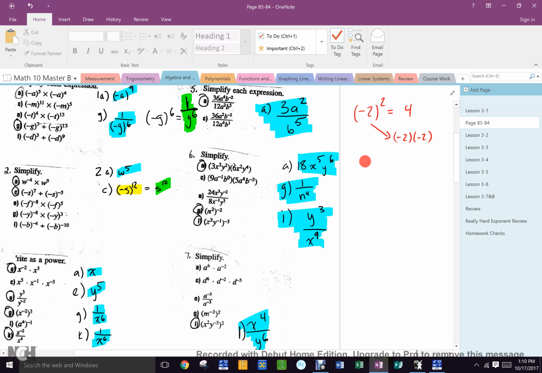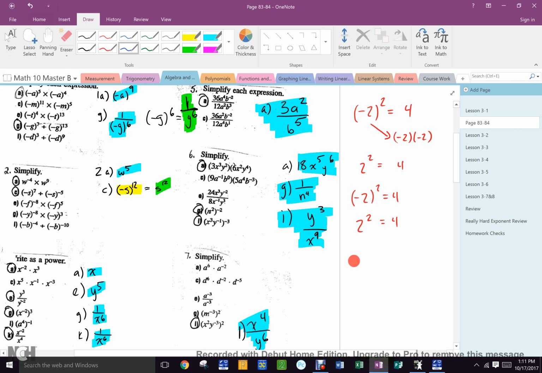Okay. What is 2 squared? 4. If negative 2 squared equals 4 and 2 squared equals 4, then what does that tell us about negative 2 squared and 2 squared? That they are also equal.